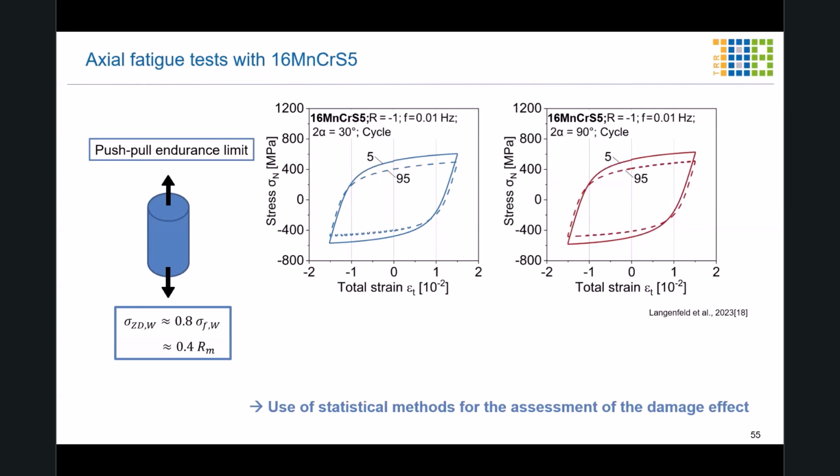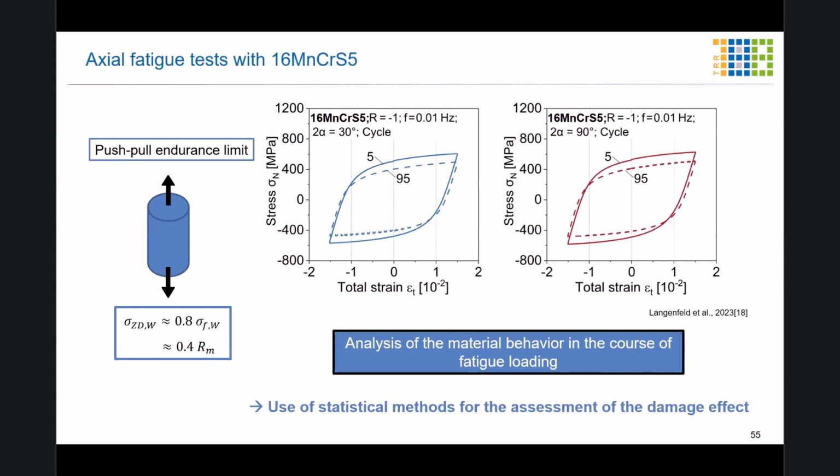This is a combination of the strain hardening within the forming process of full forward extrusion, where we have a formation of dislocations, and within the cyclic loading or fatigue loading, we have a dislocation annihilation, which leads to a cyclic softening. Also, we use statistical methods for the assessment of the damage effect.